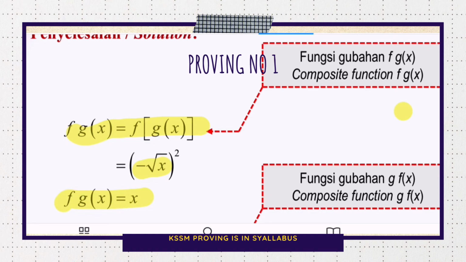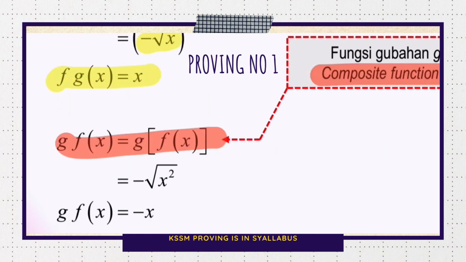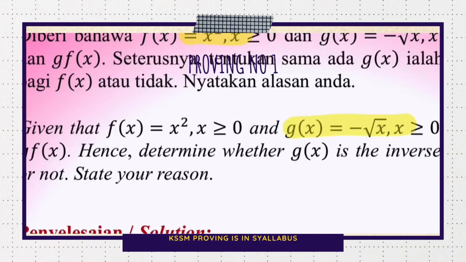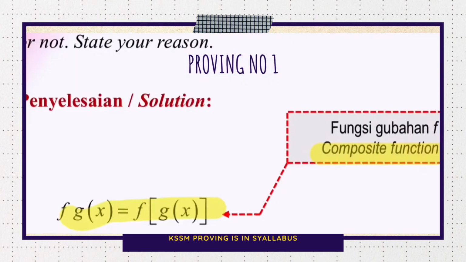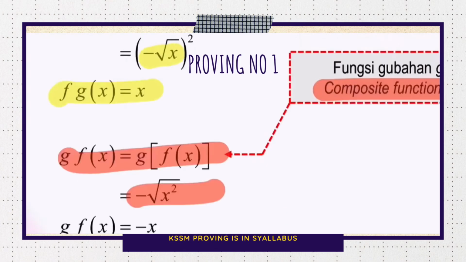x is the object. gf(x), okay? Composite gf(x). And then the gf(x), the function g(x) is given here, right? It's negative square root x. So we have to use a function g, and we will substitute the f(x). f(x) was given x squared, right?